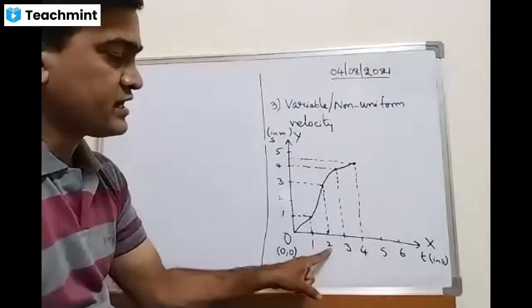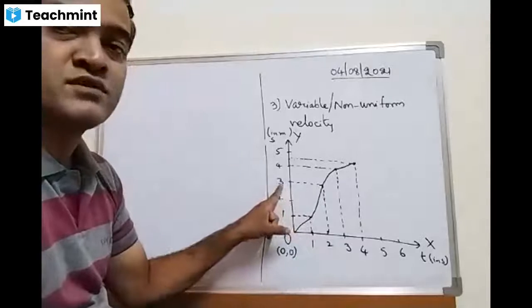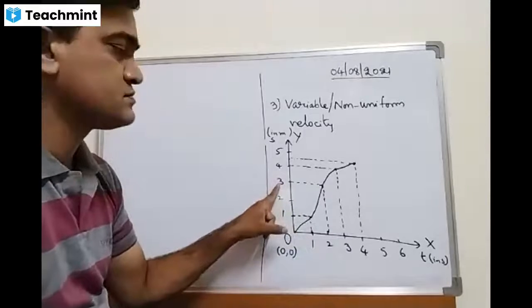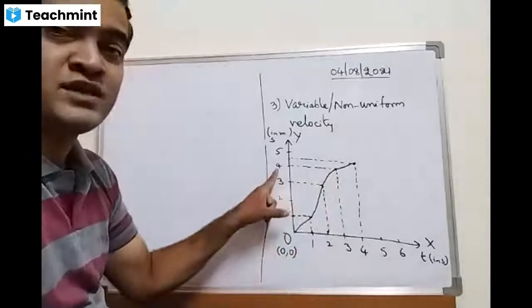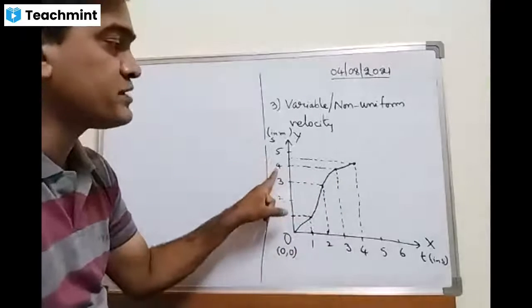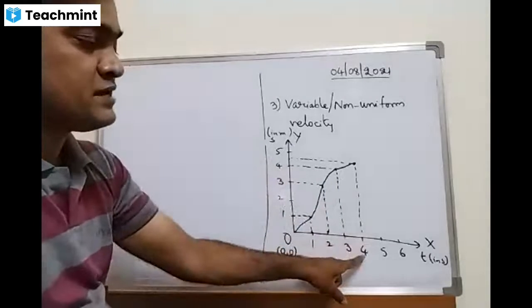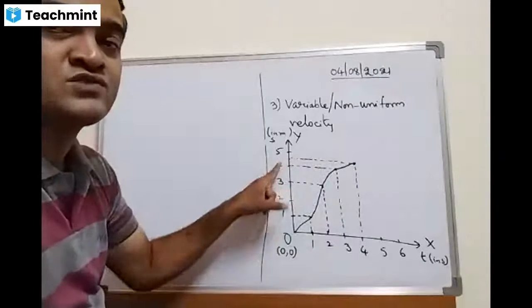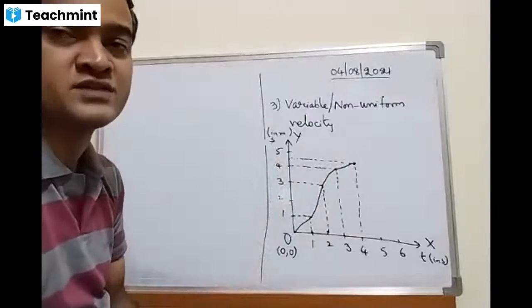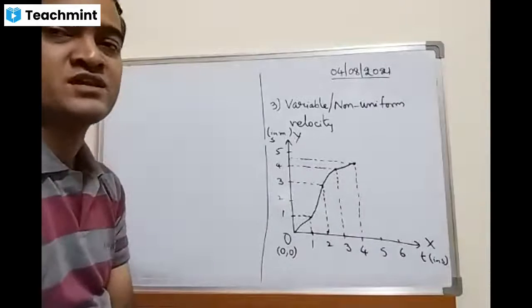And for a time t is equal 2 seconds, displacement of the particle is 3 meters. And at time t is equal to 3 seconds, displacement of the particle is 4 meters. And at time t is equal to 4 seconds, displacement of the particle is 4.5 meters. Let us say, this is just an example.